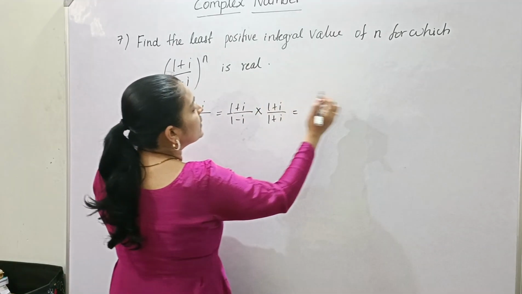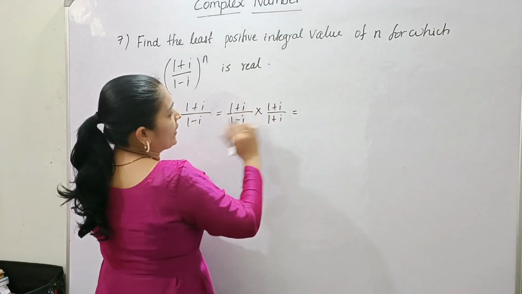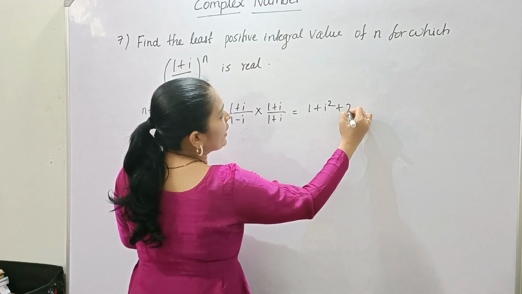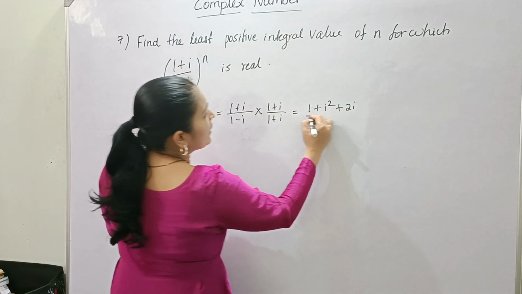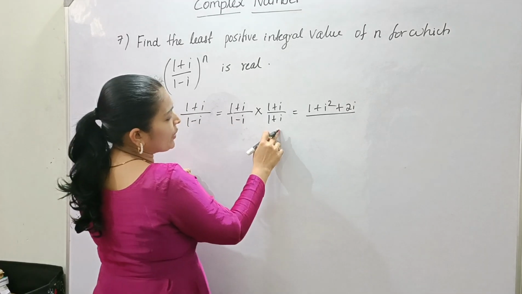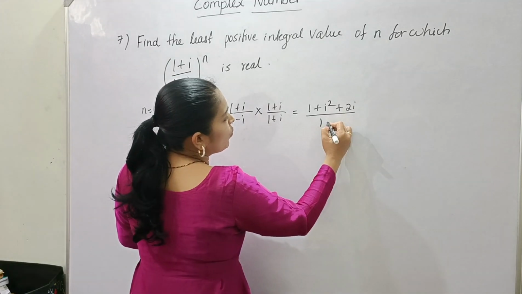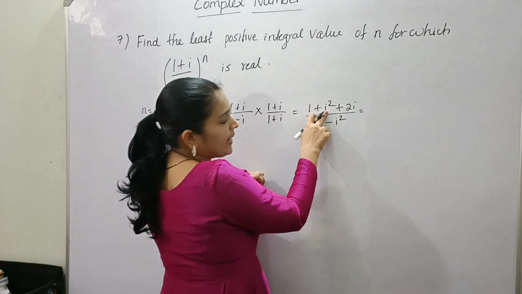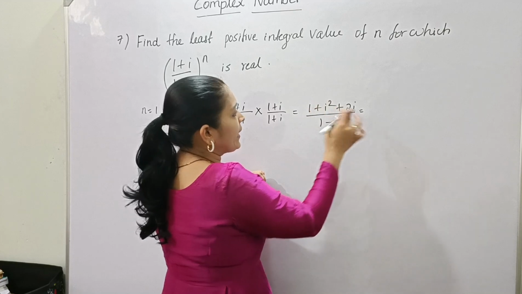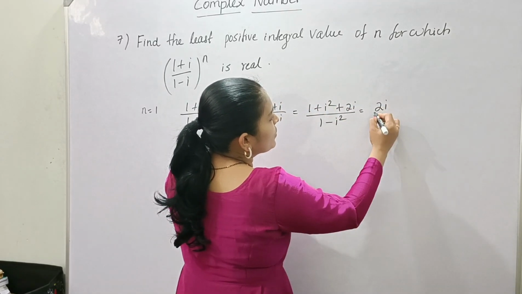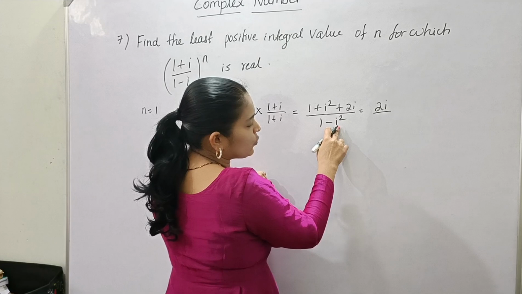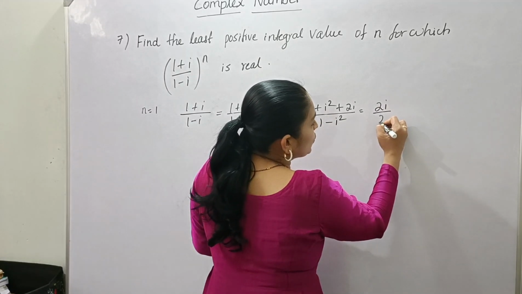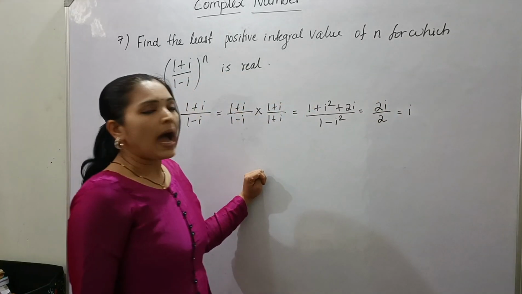In the numerator, a plus b whole square is a square plus b square plus 2ab, that is 2i. In the denominator, a minus b into a plus b is a square minus b square, 1 minus i square. Here 1 plus i square value is minus 1, so 1 minus 1 cancelled, so 2i divided by 1 minus i square, which is minus into minus 1, that is plus 1, so 1 plus 1 is 2, so we have got i.